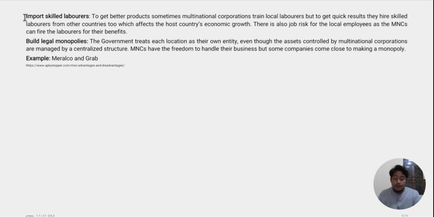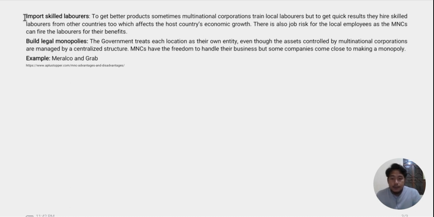So again, sometimes companies are able to monopolize a good or a service, and since the government promotes the open flow of goods and services, they have little to no control over how multinational companies run their businesses.